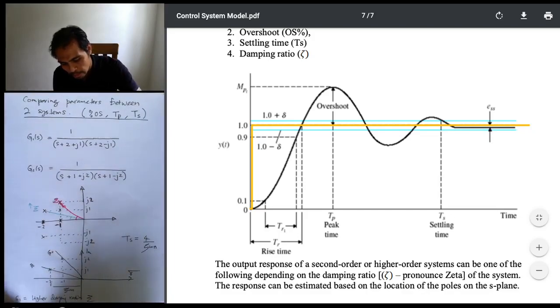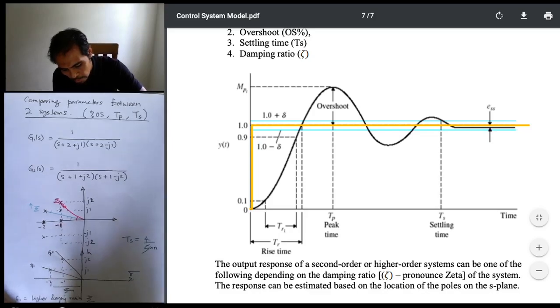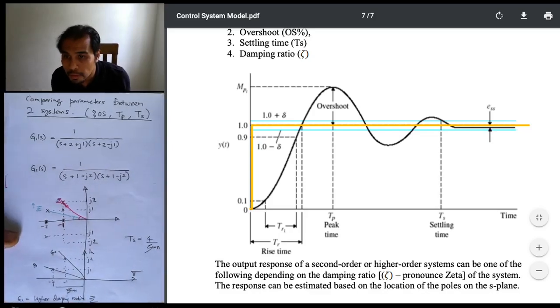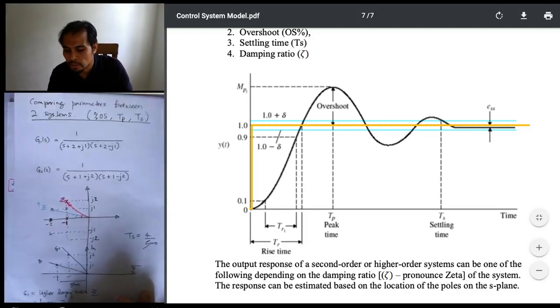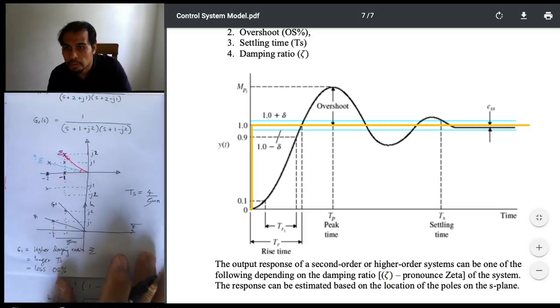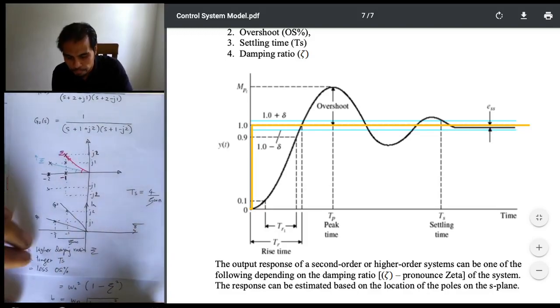That means G1 has, in this case, less overshoot.